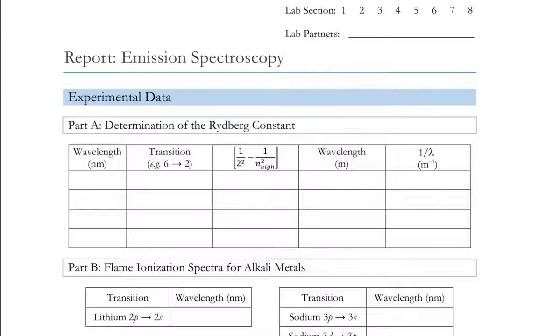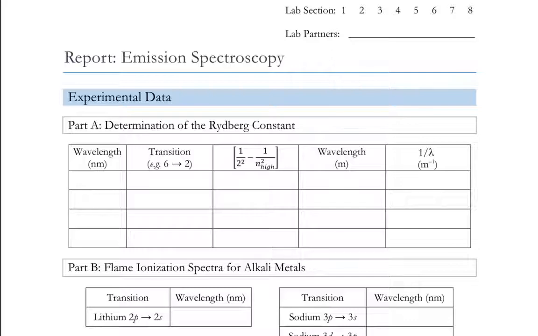So it's 1 over 2 squared minus 1 over n higher squared. So you would calculate that based on what the n high is. The next column, the wavelength, you're converting from nanometers to meters, 10 to the minus 9. The last column is to take the inverse of those wavelengths.